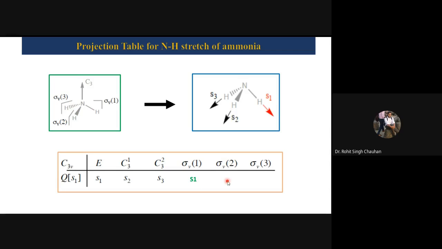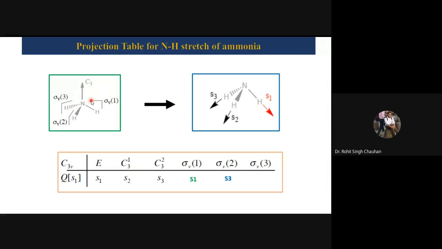In sigma V2, if you see, this is sigma V2, right? So what would happen? Now S1 is going to sit on the position of S3. So we will write S3 here. Now in case of sigma V3, if you see, this is the plane, right? So which is going to be unshifted? It is S3.